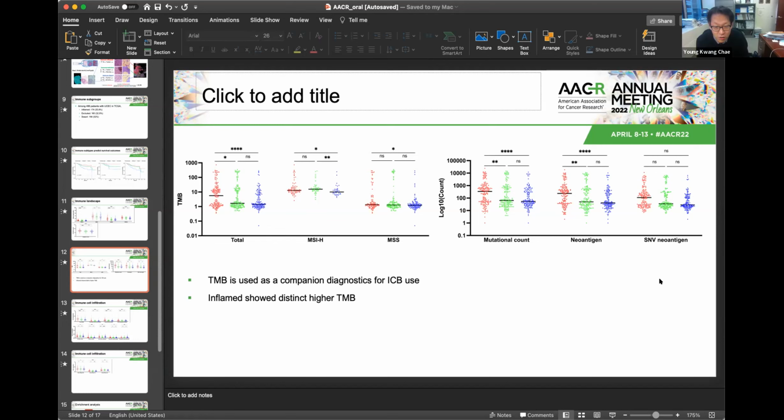Dr. Cho, do you know the difference? No, I'm not aware of SNV neoantigen. Okay, my guess is single nucleotide variant neoantigen. There are others like deletion, insertion, frame shift, and some are even fusion.